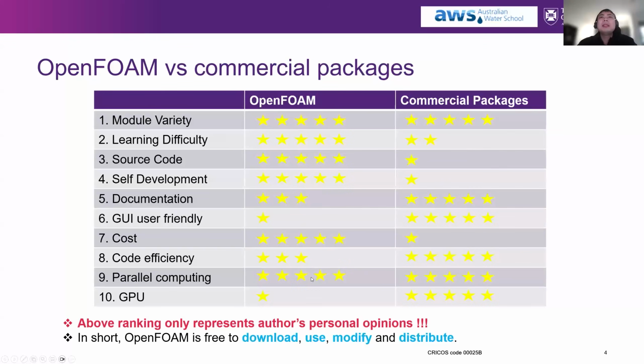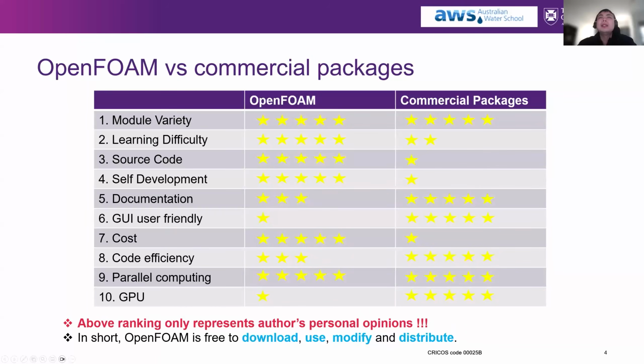I guess some of the audience have a background using commercial packages. So here I highlight the key differences between OpenFOAM and commercial packages. In terms of model variety, I think both OpenFOAM and the commercial packages are pretty good. They cover air, water, and also two-phase or three-phase flow.